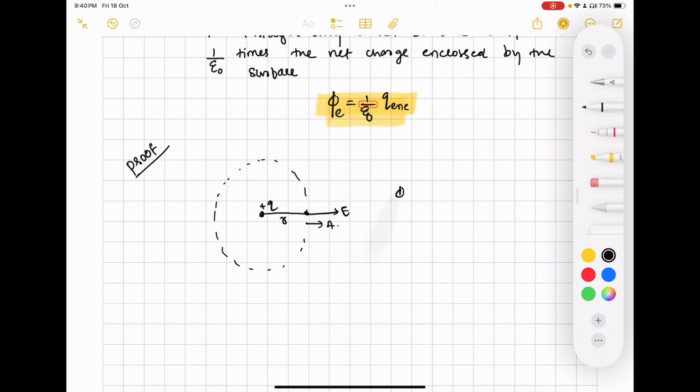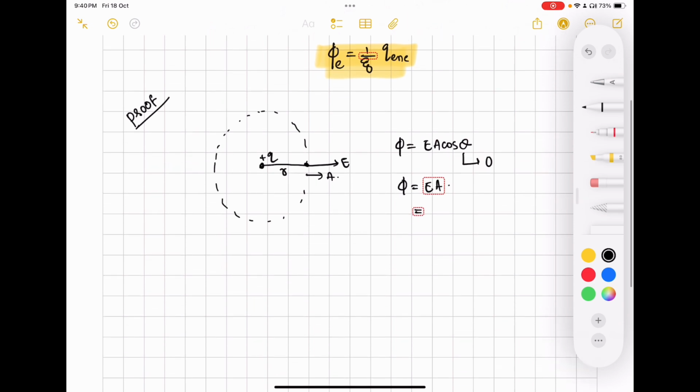So phi is equal to EA cos theta, where theta is the angle between E and A. Since the electric field is radially outward and the area vector is also the outward normal, theta is equal to 0 degrees and phi is equal to EA, which is the electric field times the area of that sphere.